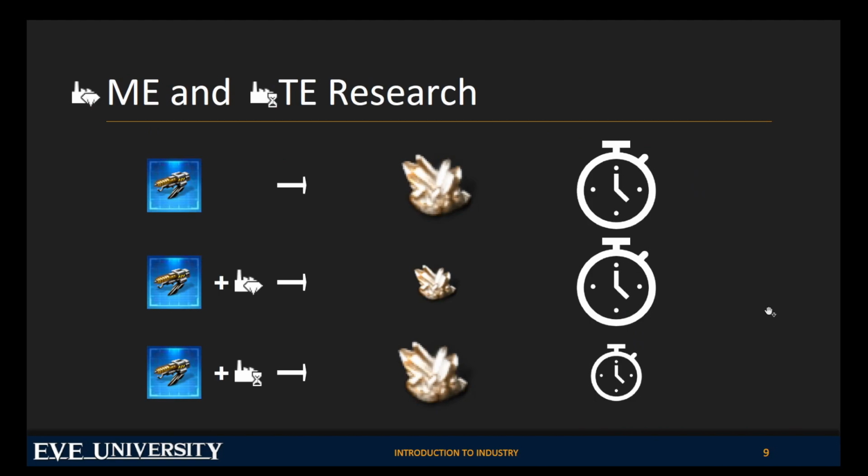Essentially what we are trying to do with these efficiencies, right? A whole aspect of industry is material and time efficiency research. If we have a blueprint and we put in materials, it's going to take some time, right?